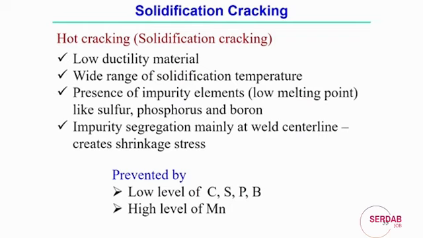And of course, from the metallurgical point of view, if the material contains impurity elements, that means low melting point elements like sulfur, phosphorus and boron, and sometimes carbon presence within the alloy, that promotes the solidification cracking, or the hot cracking phenomena.